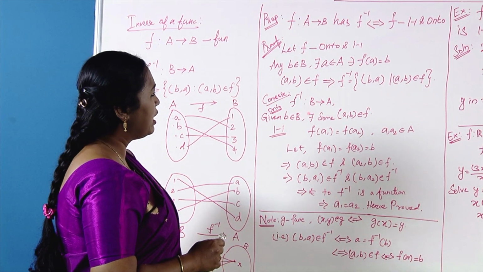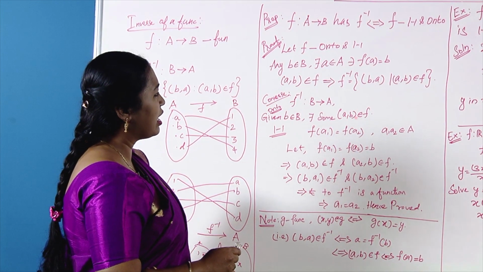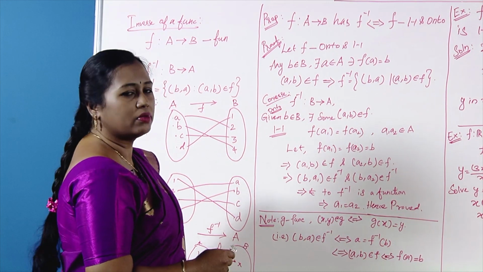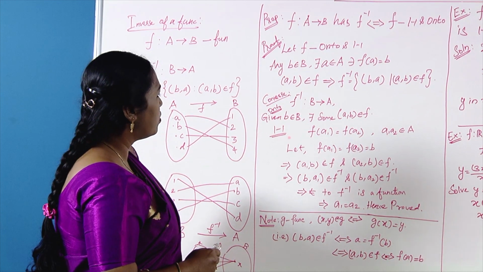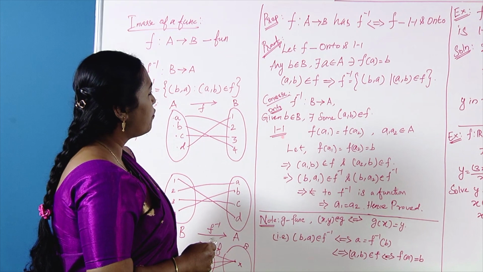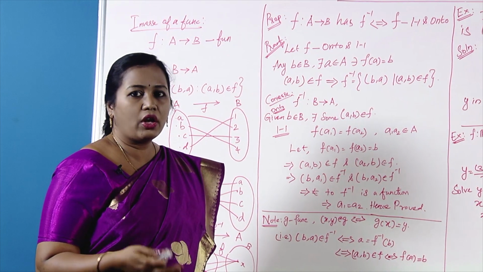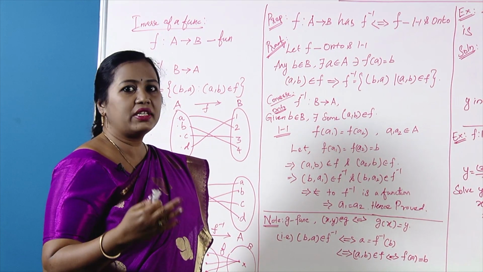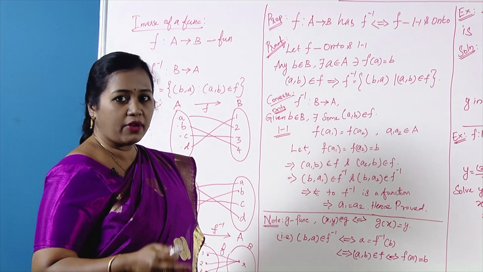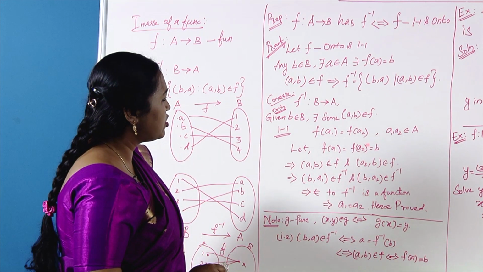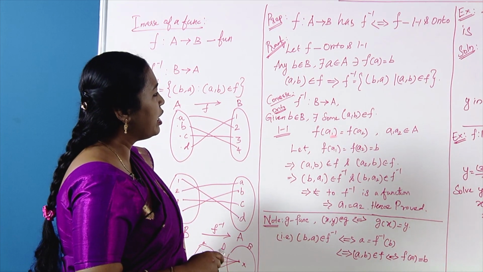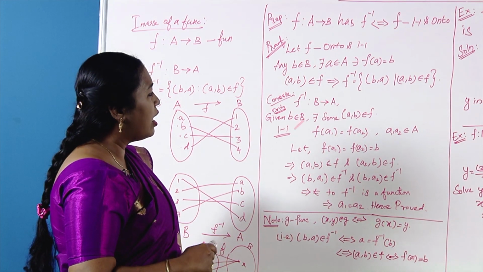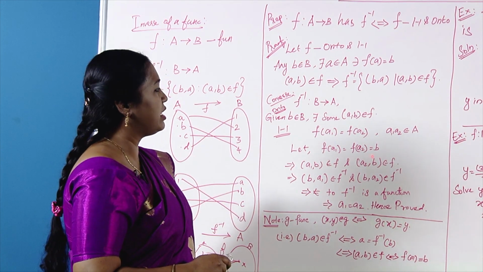So, for every b belonging to B, there exists some (a, b) belonging to f, obviously, and so this is true. And for 1-1, if you recall, in order to check for 1-1, we always check whether, if I take two images which are equal, the elements themselves are equal.